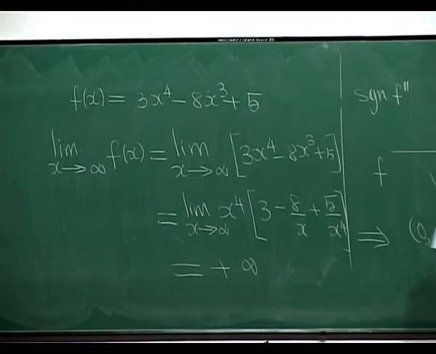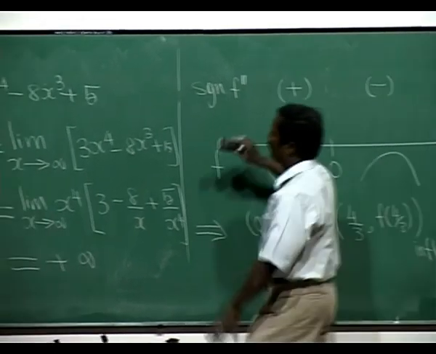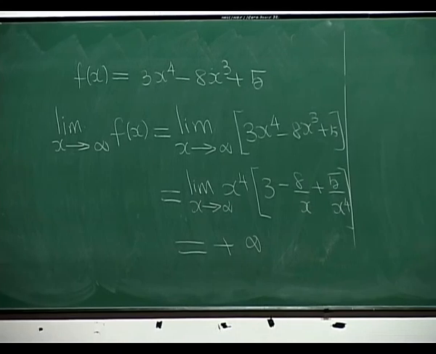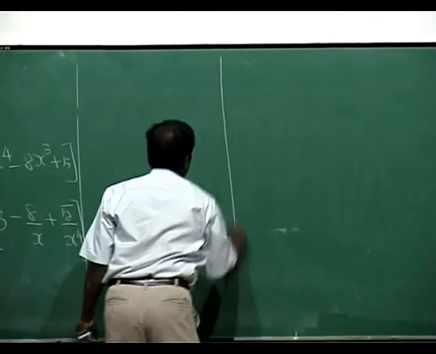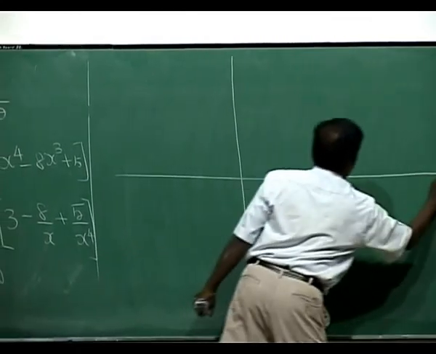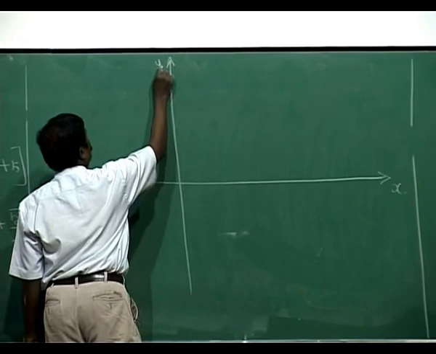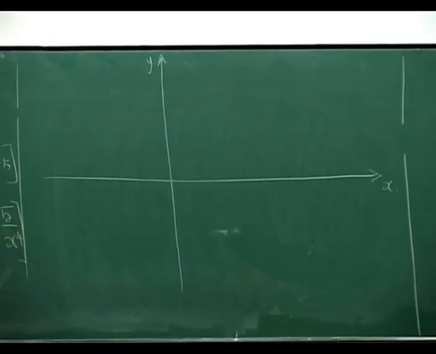Now let us graph this. Let's use all this data and see if we can get a reasonable graph. Since I have erased all of it, you have to help me.